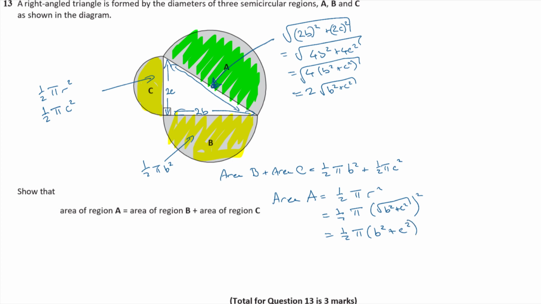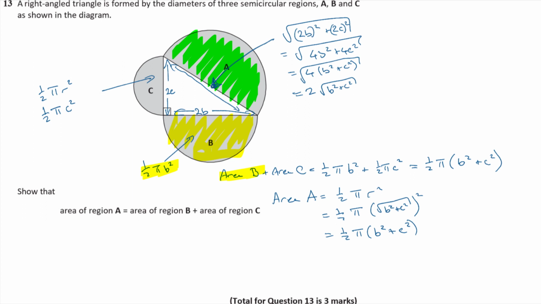Okay? Now, if you compare that with what I got up here, I had half pi b squared plus a half pi c squared. Now, if I factorize out the half pi, then I've got the same thing, haven't I? I've got b squared plus c squared. Okay? So I think I've kind of shown it there. So if you think about it, I started off looking for area B, which was this one. Okay, I might change the color so it's a bit clearer.